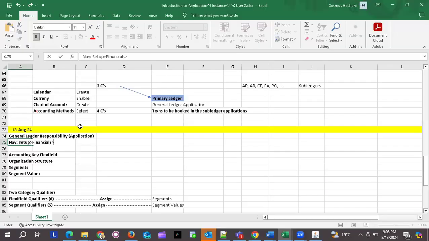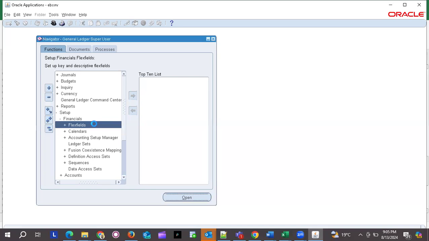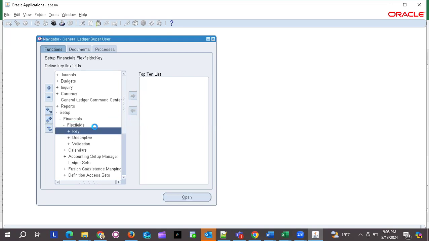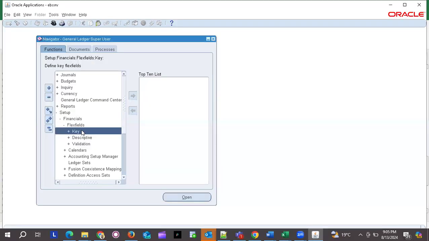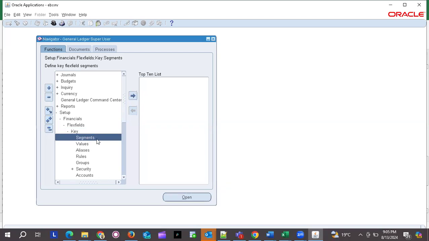Flexfields. Navigation is important, remember. Key, Segments.